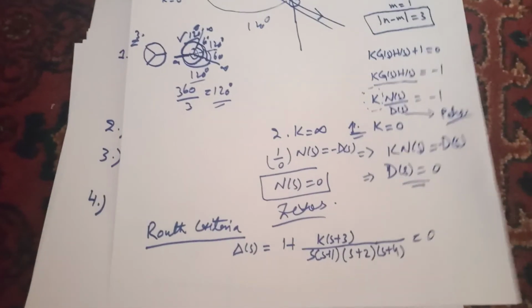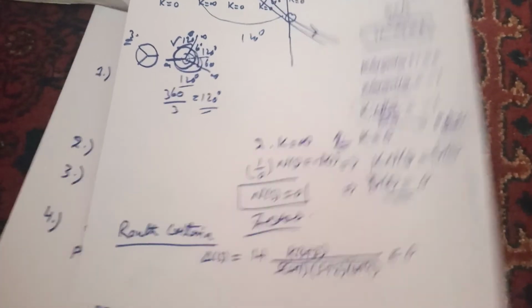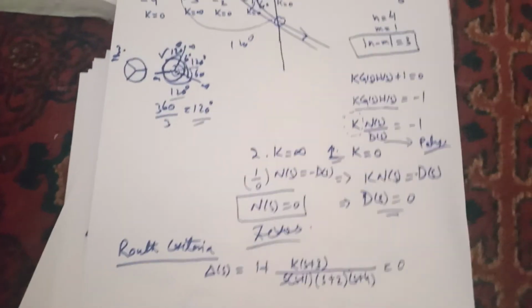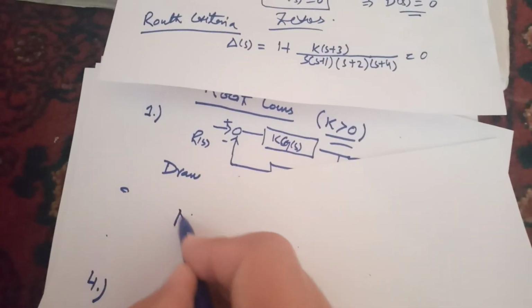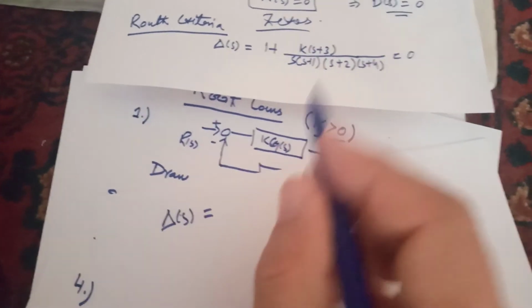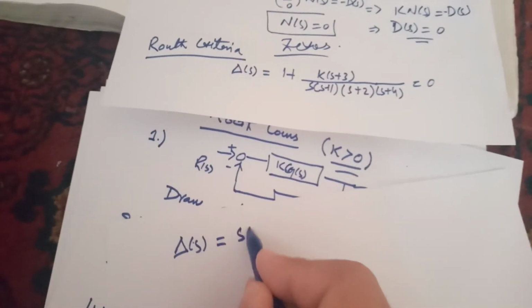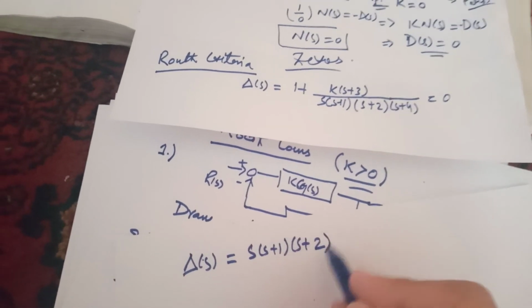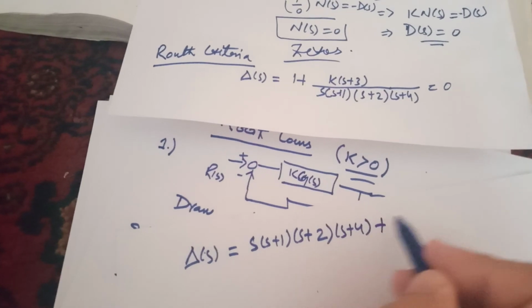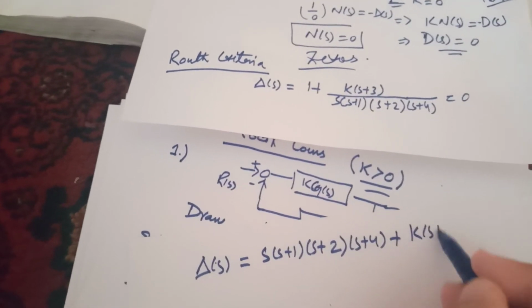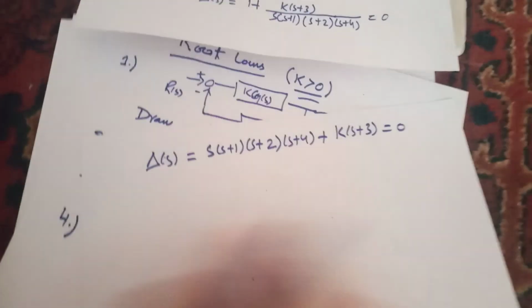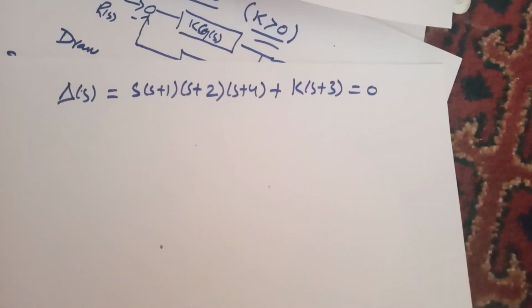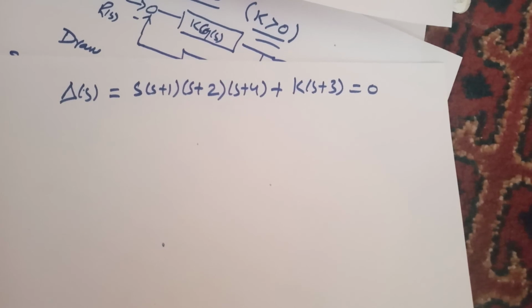Now how do we do that? Very simple. If I rewrite on the next page, after simplification it becomes s(s plus 1)(s plus 2)(s plus 4) plus k times (s plus 3) equal to 0. We need to solve this using the Routh criteria.